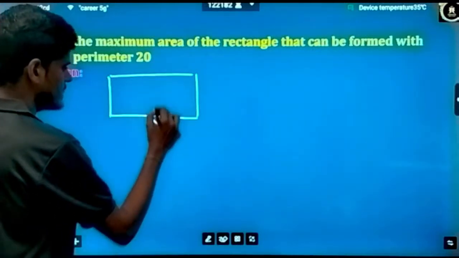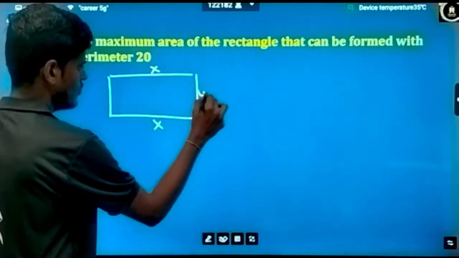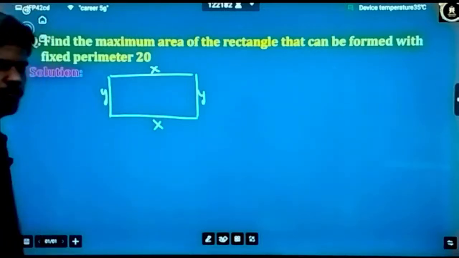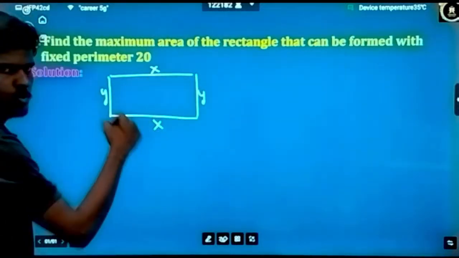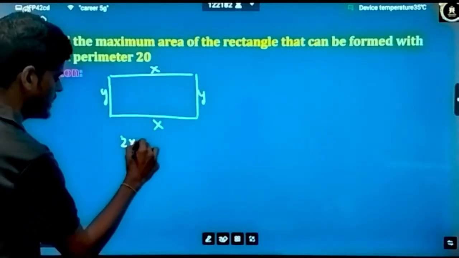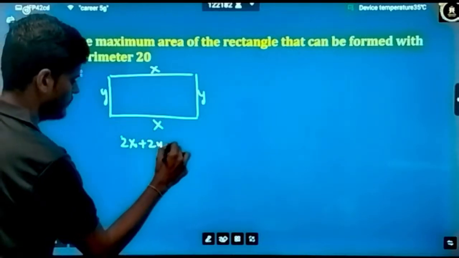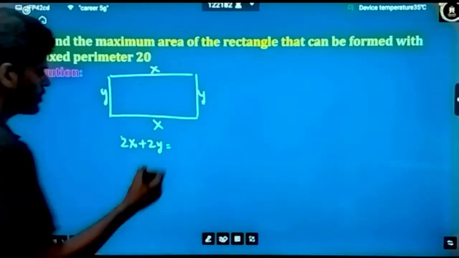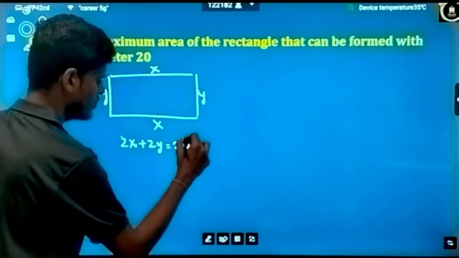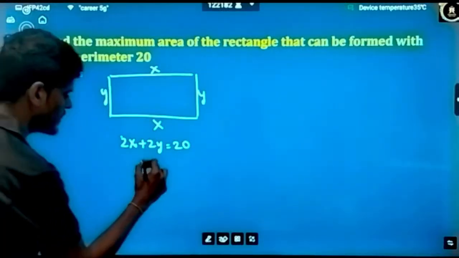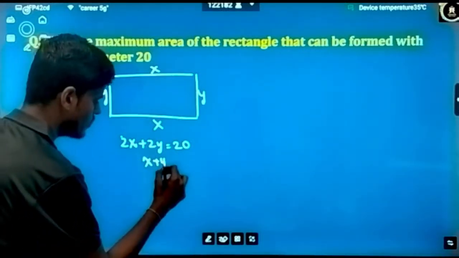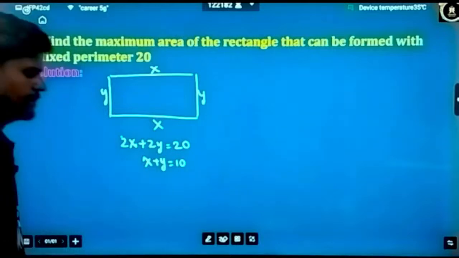Let's take length as x and width as y. What is the perimeter? 2x plus 2y. This is equal to 20. 2x plus 2y equal to 20, which means x plus y is equal to 10.